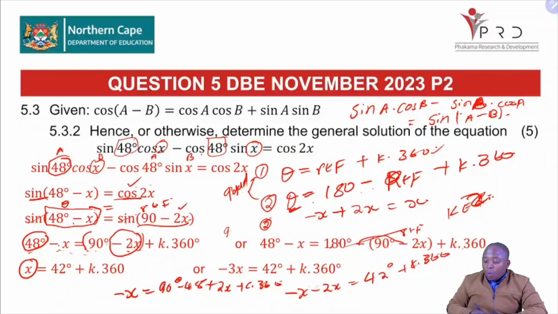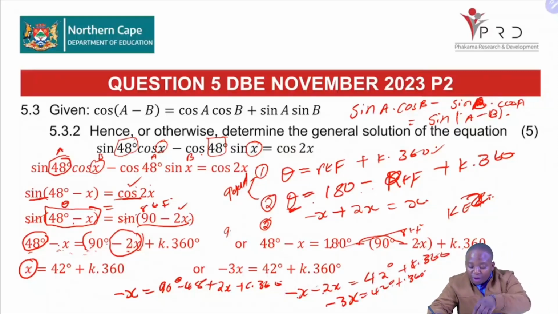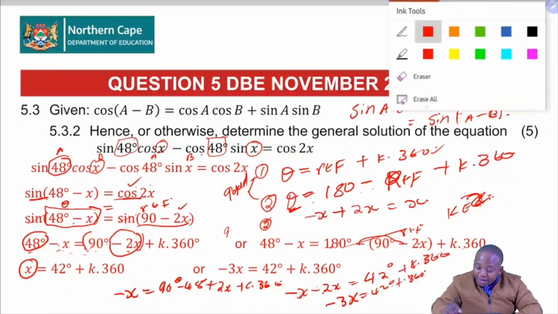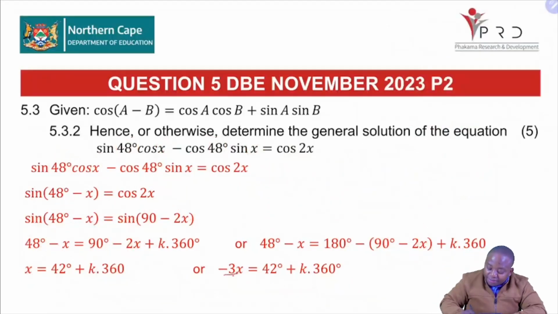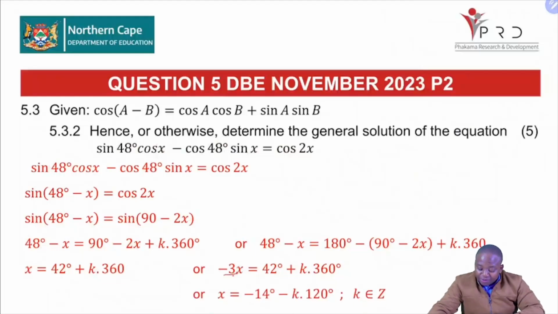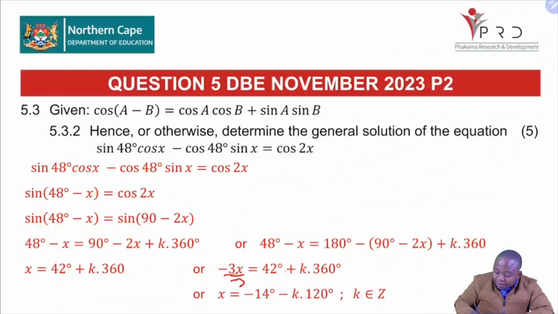Now I can say negative x, negative 2x, gives us negative 3x, equal to 42 degrees plus k times 360. Then from here, we are going to divide everything by negative 3.